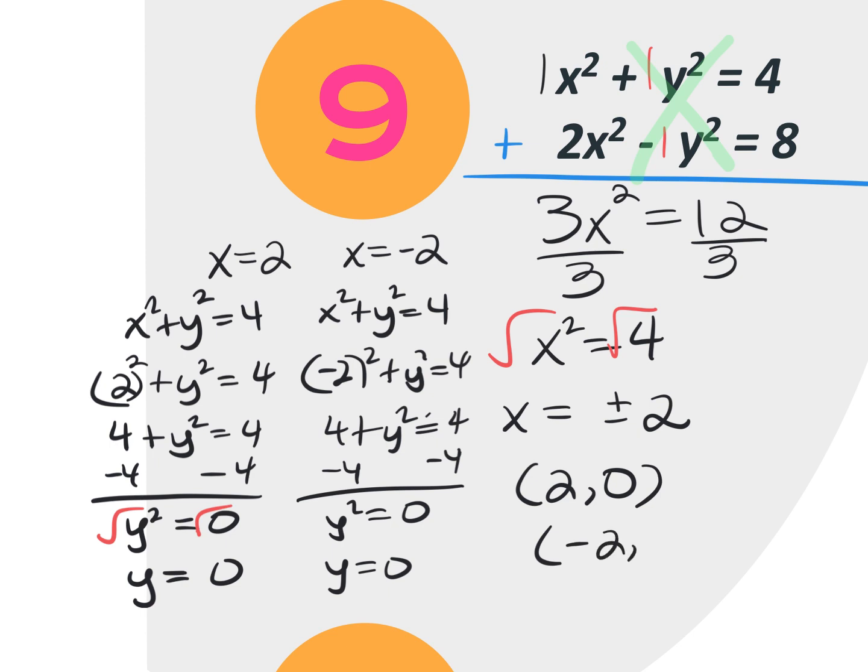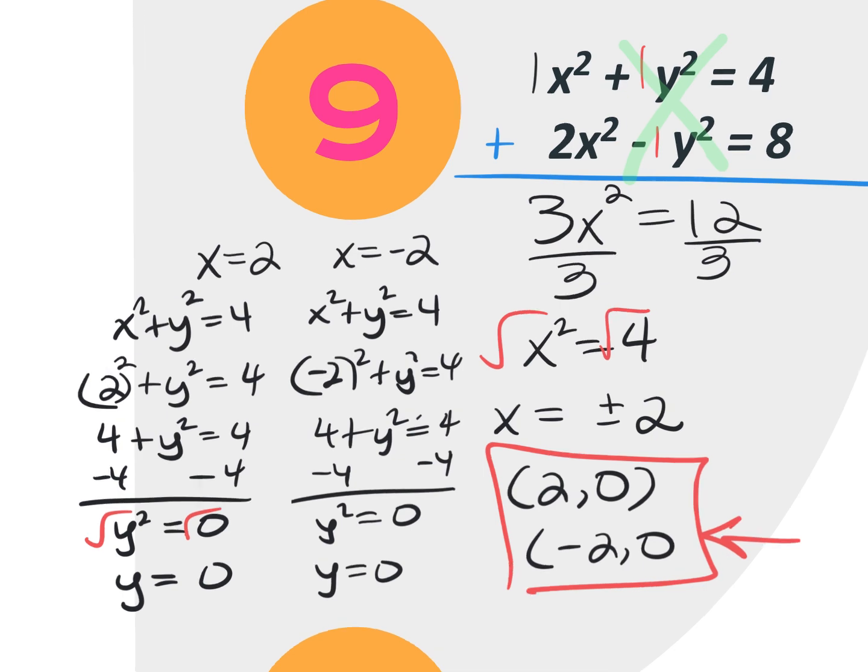So the 2 solutions to this system are 2, 0 and negative 2, 0. Now, WebAssign is going to want you to enter the smaller x value first. So you would enter the negative 2, 0 first, and then in the second box, put in the positive 2, 0. Just read how they want you to enter the solutions.